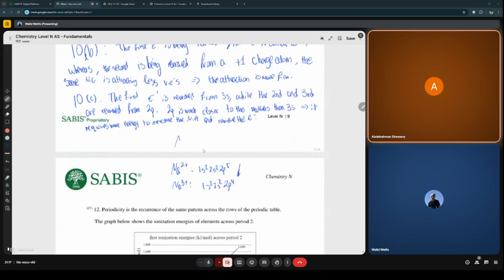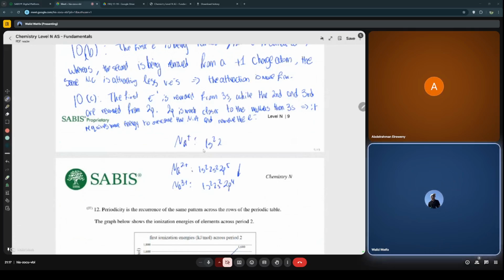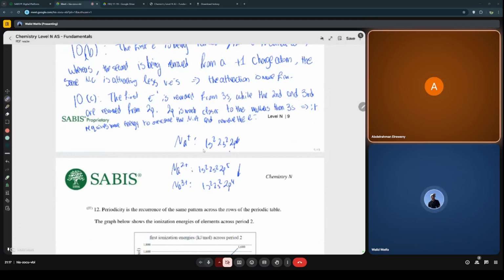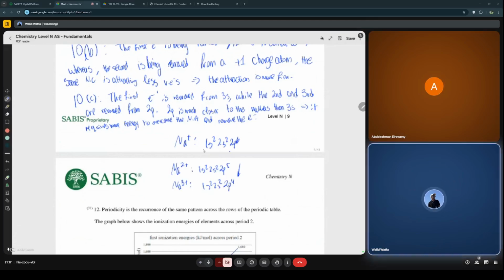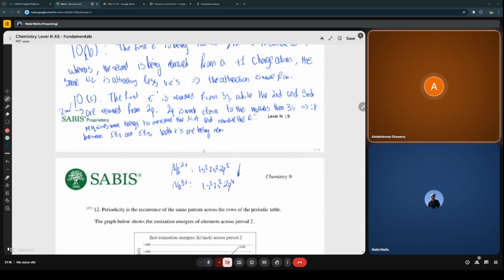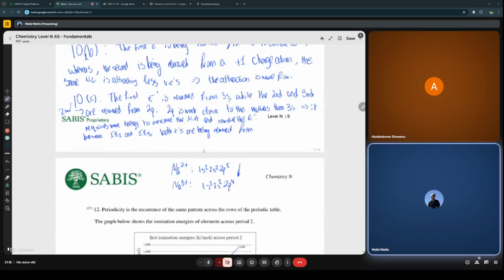Going from here to here, we're losing from 2p. Going from here to here, again from 2p. Since they're both being removed from 2p, it's not going to make a huge difference. So this is the first explanation, 2 marks. For the other 2 marks, you have to say that between IE2 and IE3, both electrons are being removed from 2p.